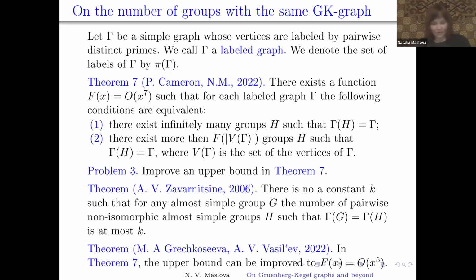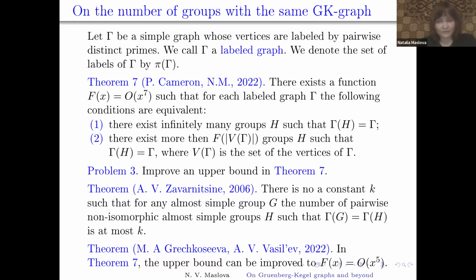So, for a given graph, you can understand whether the number of groups with this graph is finite or infinite. If there is a number of groups more than the given number, such that the Gruenberg-Kegel graphs coincide with this graph, then we know in advance that the number of groups with this Gruenberg-Kegel graph is infinite.